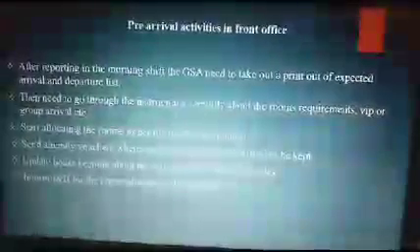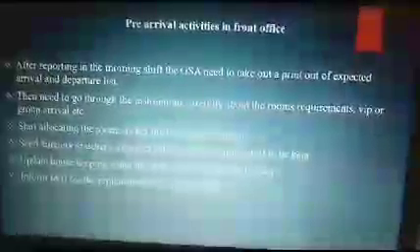Then you need to check the instructions carefully about the room requirement, VIP or group arrival. If there is a group arrival, you need to check how many groups are expected on that particular day and how many rooms the group needs.